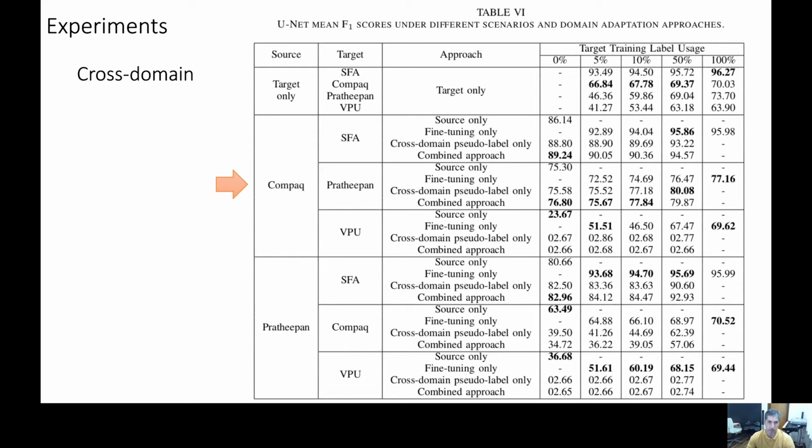COMPAC has confirmed our expectations of being the most generalizable source dataset, not only for being the most numerous in terms of sample images, but also due to their diversity in appearance. The use of COMPAC as source leads to very good results on SFA and Pratheepan as target.